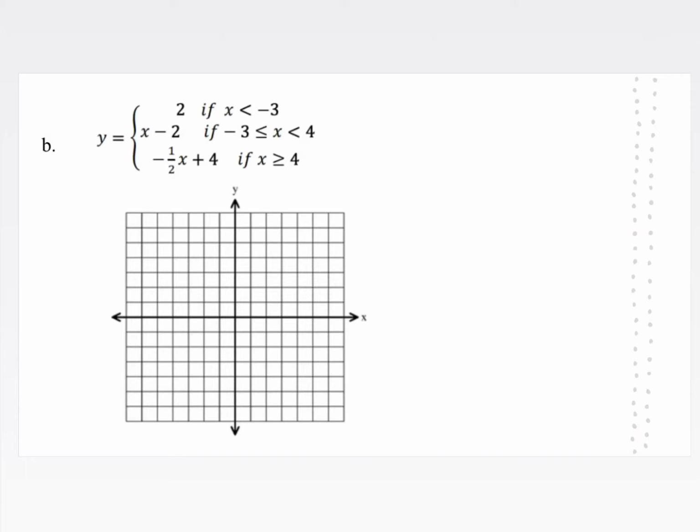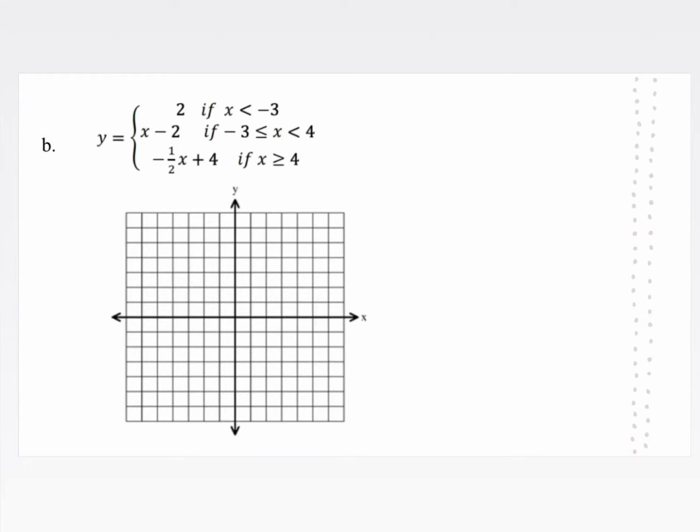Let's do another example. So this one we have y equals 2 if x is less than negative 3, x minus 2 if negative 3 is less than or equal to x, which is less than 4, and negative 1/2 x plus 4 if x is greater than or equal to 4. So right now I have 2 boundary lines.